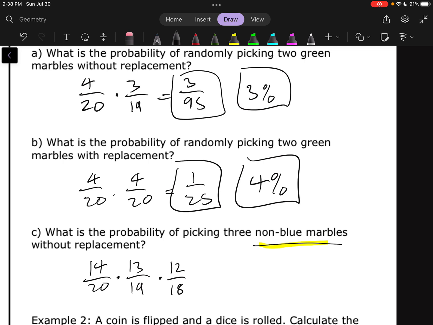So 14 out of 20 times 13 out of 19 times 12 out of 18. That is 91 out of 285, which would be about 32%.